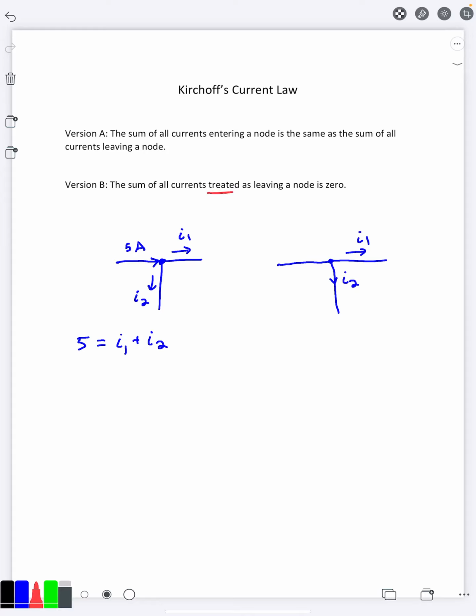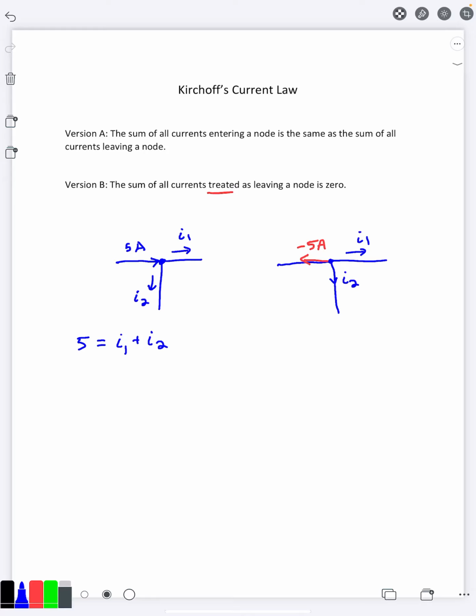So this 5 amps that was coming in, we're going to treat it as a current going out. But again, based on how things work with positive and negative, anytime you go in the opposite direction, it's just the negative. So 5 amps coming in is the same as a negative 5 amps coming out.